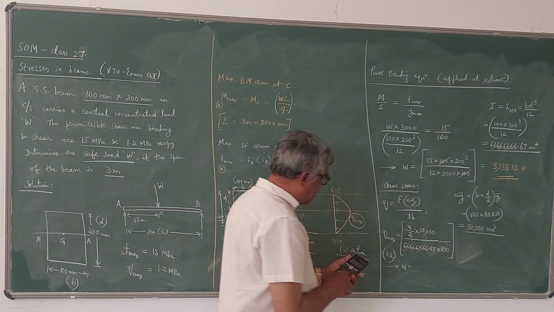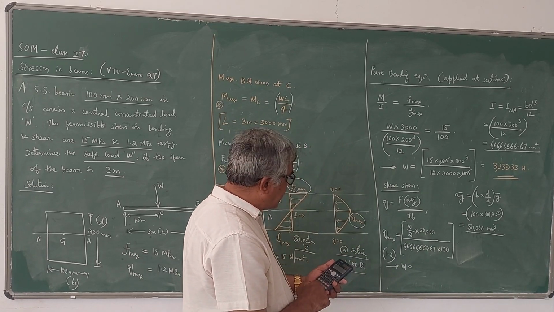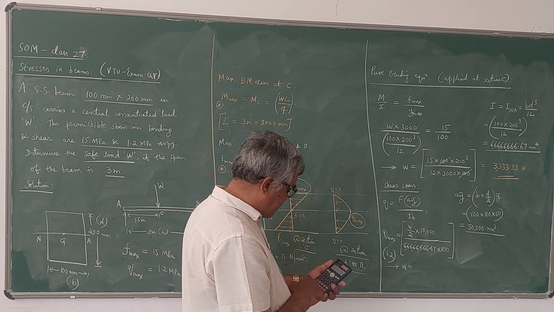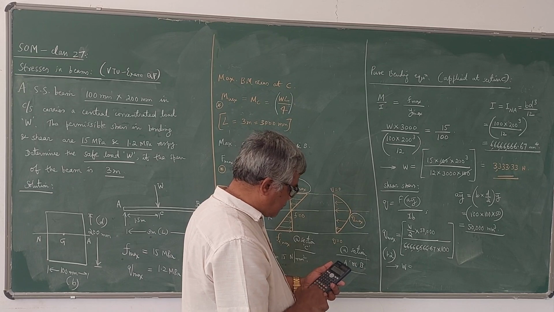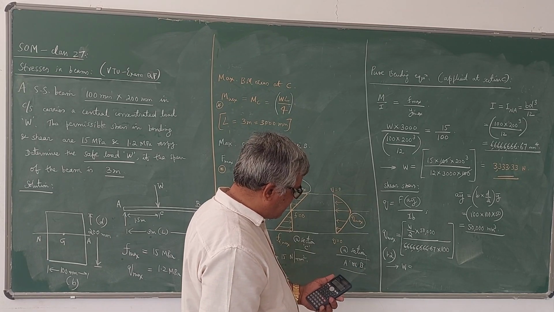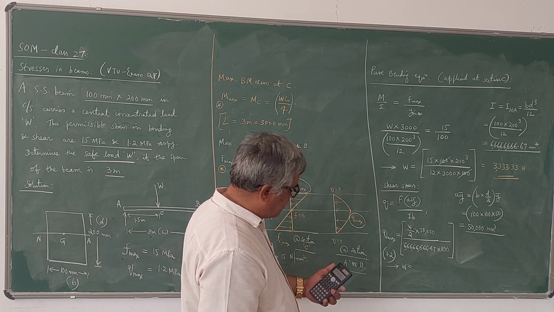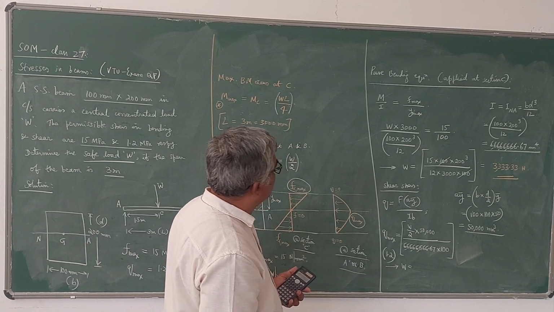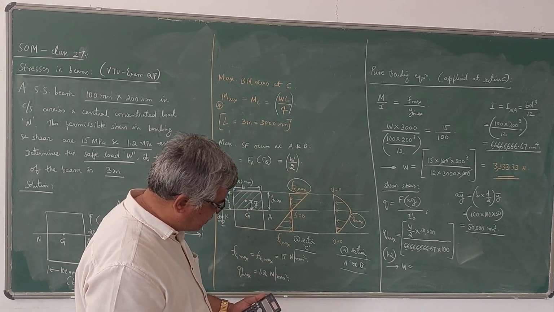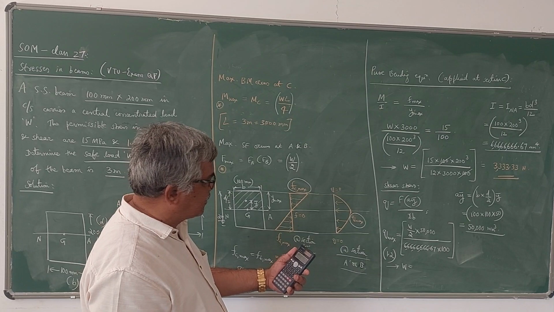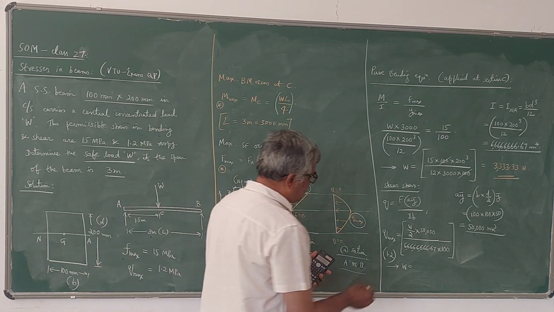This 2 comes to the denominator, divided by 50,000. So the value is 320,000.